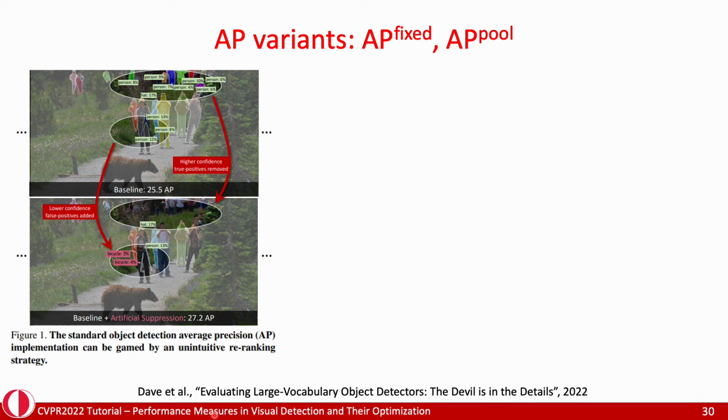They discover an unintuitive re-ranking strategy that can increase AP substantially, in this example from 25.5 to 27.2, by reducing the number of detection outputs for frequent classes, person in this case, and increasing the number of rarer classes, bicycle in this case. This re-ranking balances AP better across categories, but counterintuitively removes some higher confidence true positives, while also adding some lower confidence false positives, as shown in this figure.